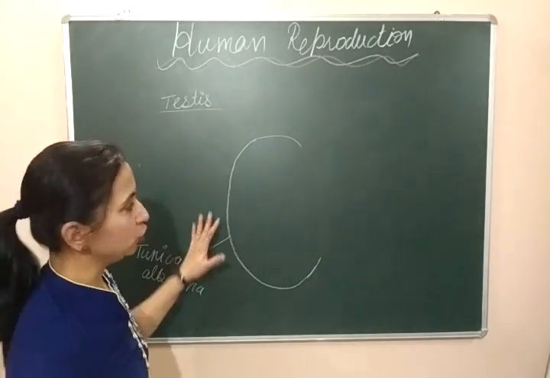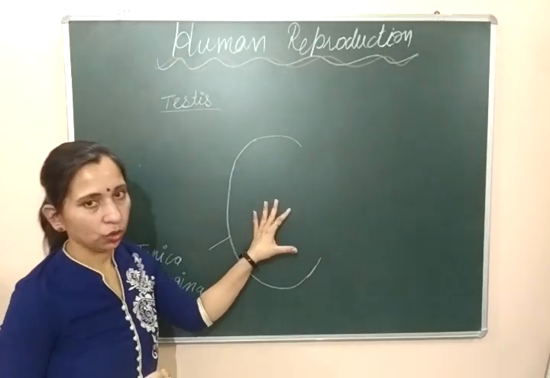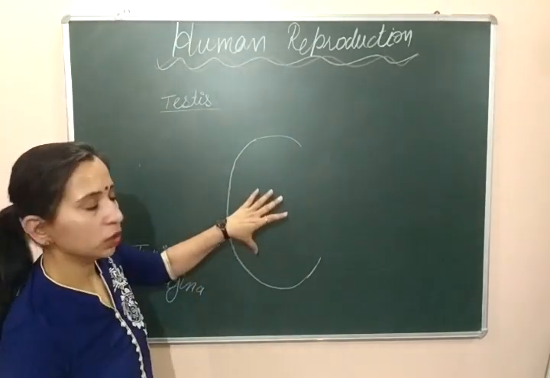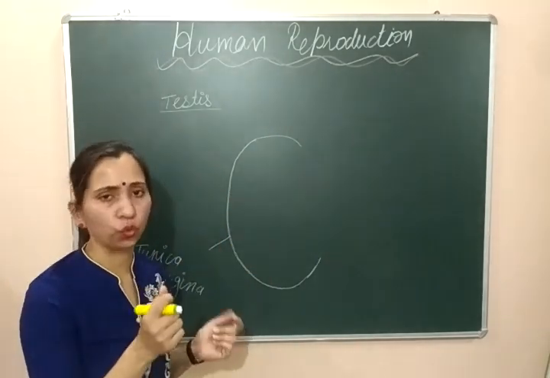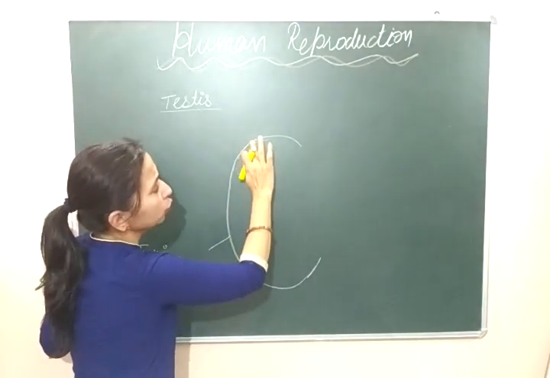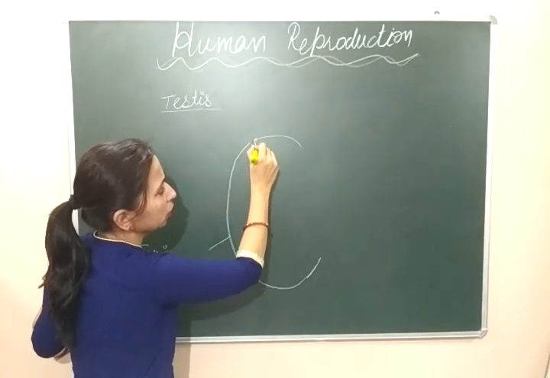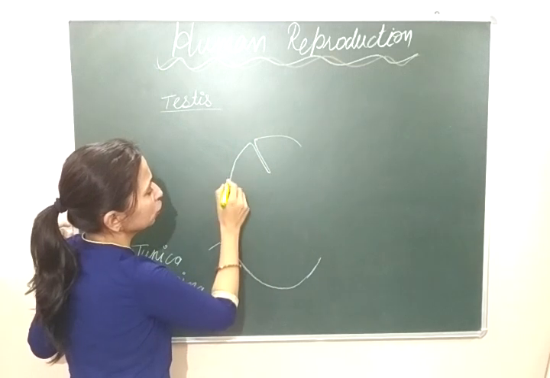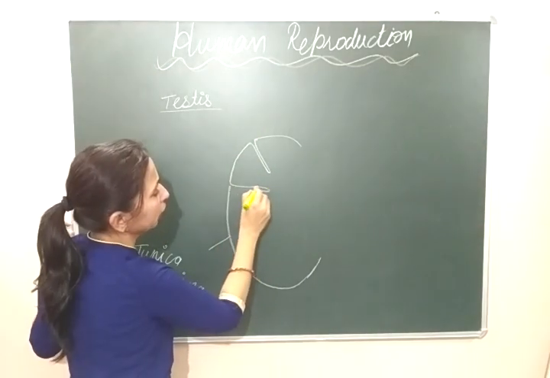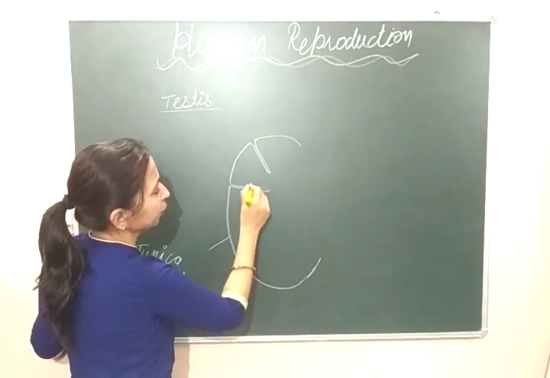This tunica albuginea, towards the internal side of the testis, makes some infolds. See, what happens is that at some places this tunica albuginea will make some infolds inside the testis. So we have to draw it like this, that it's making some infolds here.